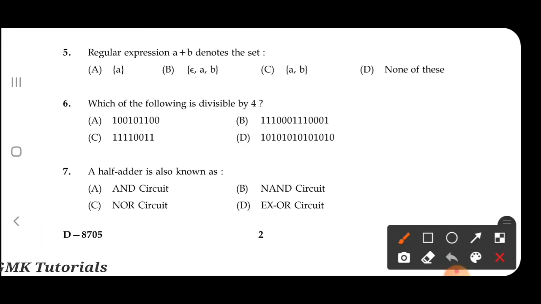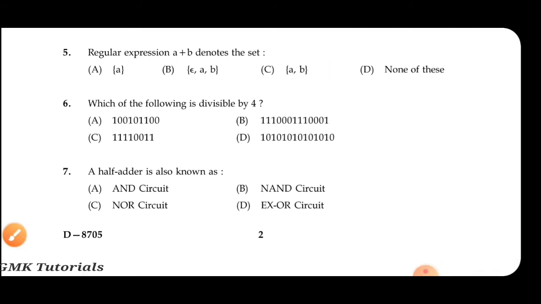Here set A plus B means A or B. This is the answer. Sixth question, which of the following is divisible by 4?